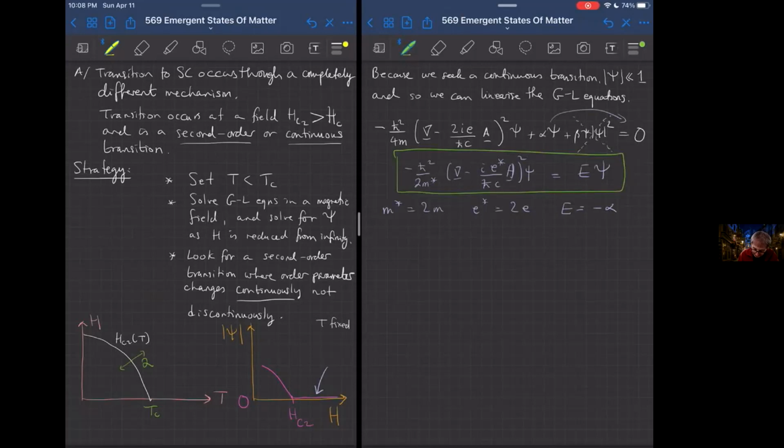So this is the Schrödinger equation, or the time-independent Schrödinger equation for a charged particle in a magnetic field.